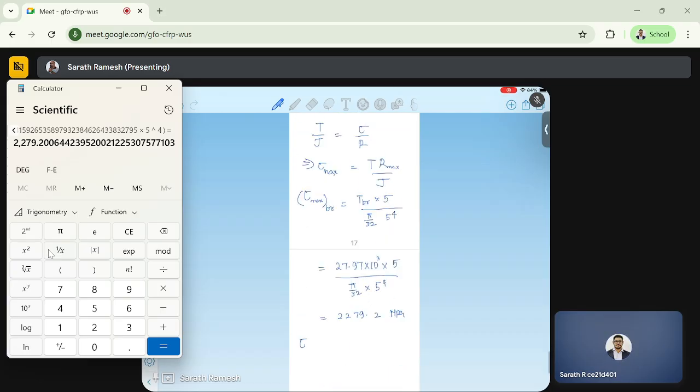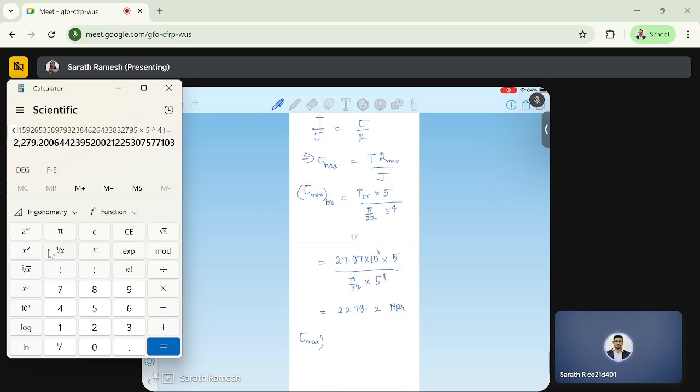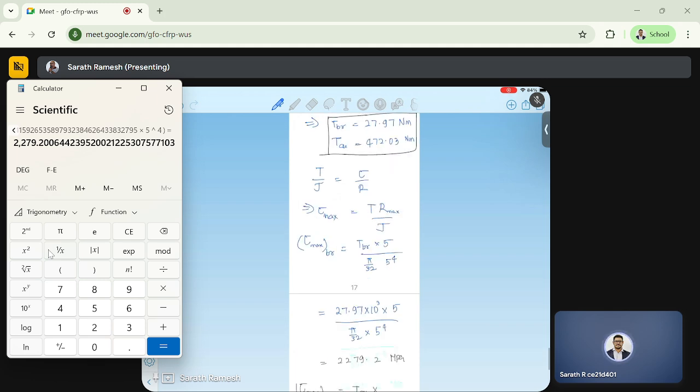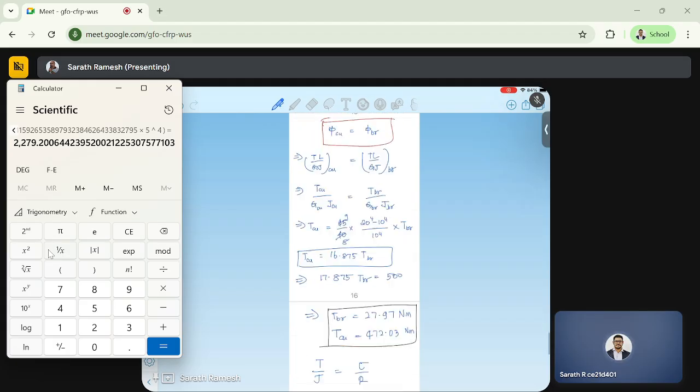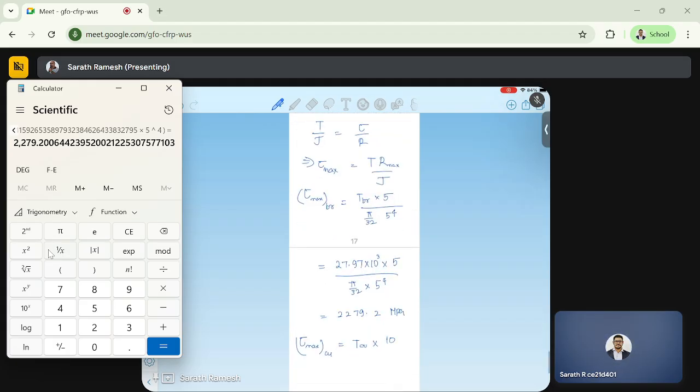How about for copper? Tau max in copper will be T copper times radius max, which is 10, divided by pi by 32 into 10 power 4 minus 5 power 4.